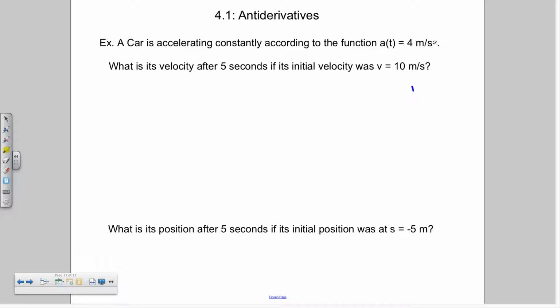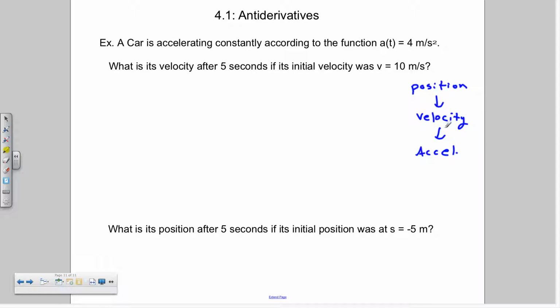Hopefully you remember how calculus relates to physics, or at least the kinematics part of physics: if we start with position and we derive down, we get velocity. And if we go one step further, if we derive velocity, we get acceleration.